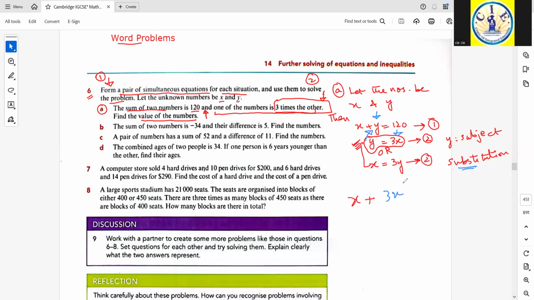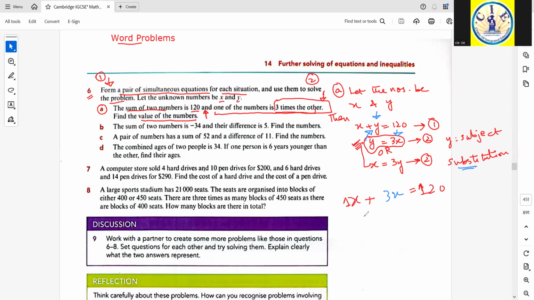So now this equation has been transformed into just one variable, and it is easy to solve.